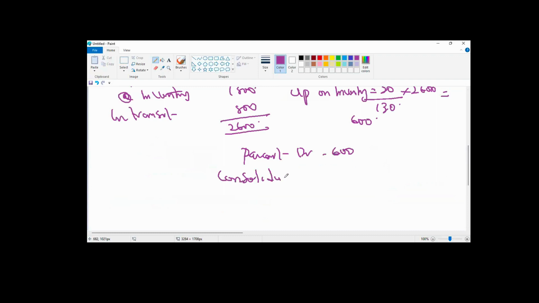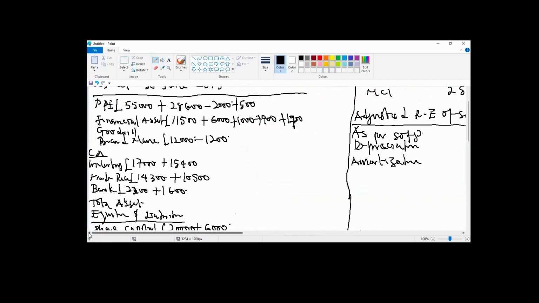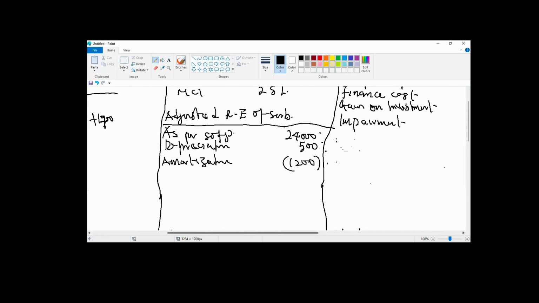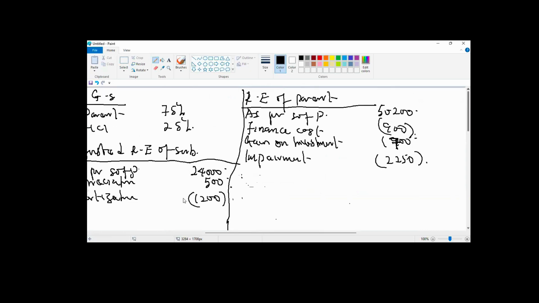Consolidated inventory, credit. The seller is the parent, so we debit his account: unrealized profit on inventory, 600.